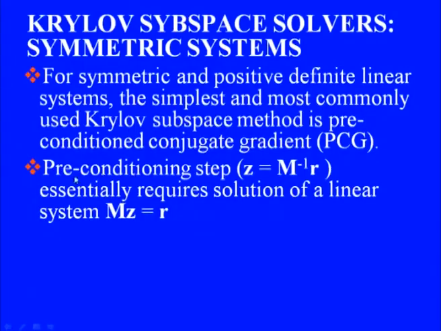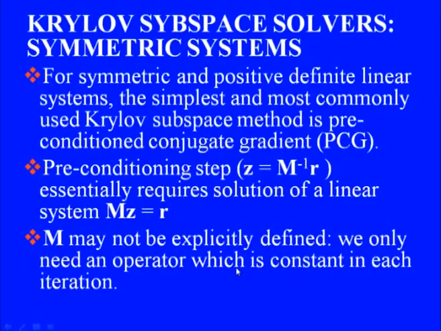Now in the algorithm which we are going to look at in detail, the preconditioning step would be represented by z equals M inverse r. But we will not attempt to even form M, forget about taking the inverse of M. All that we mean by this step is to solve a system of this type, M z equals r, and get a vector z which is used in this algorithm.